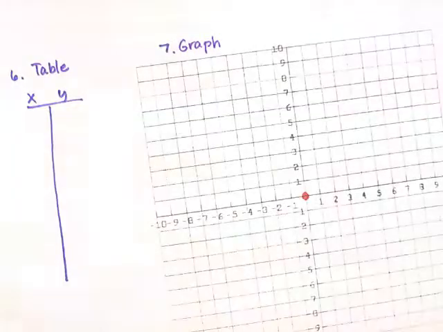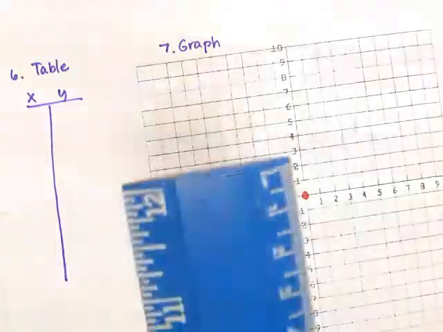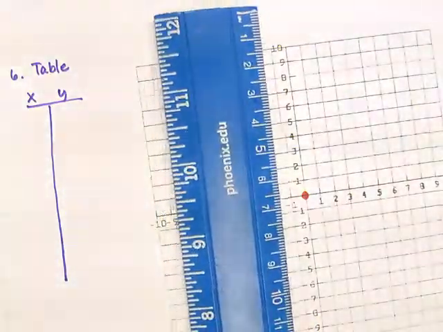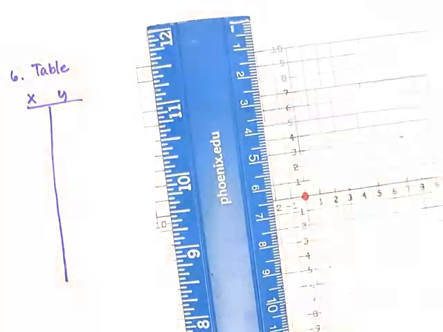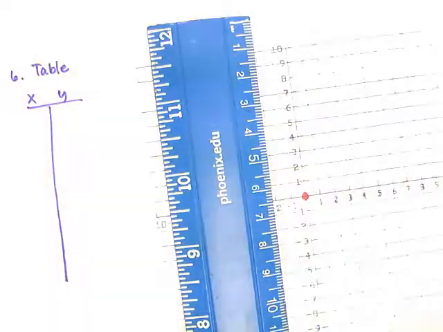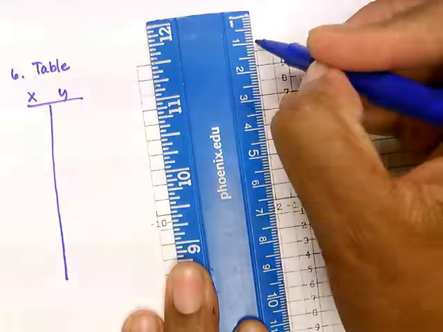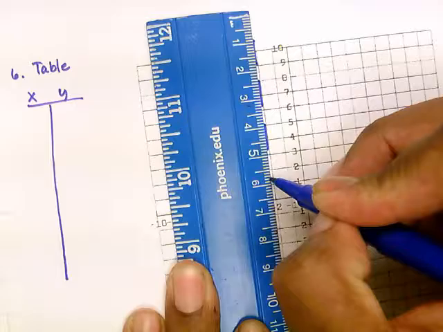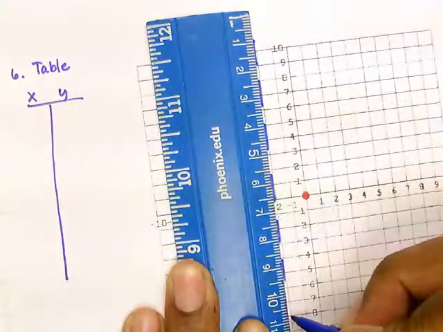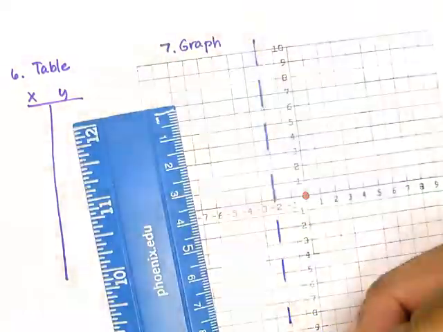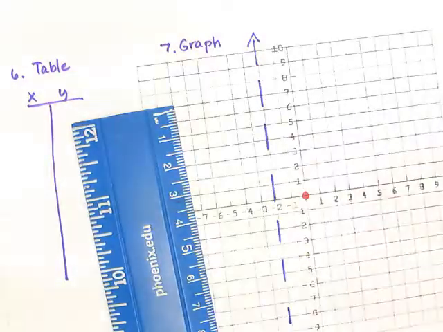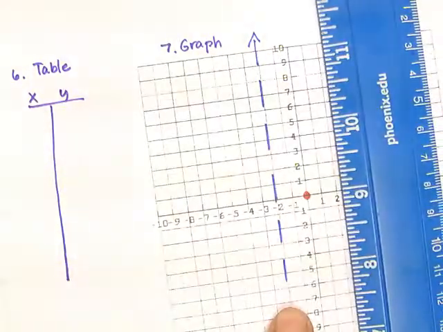Then I'm going to put in place the vertical and horizontal asymptotes. One of my vertical asymptotes is x is equal to -2. That's going to be this vertical dotted line going straight up and down like this. And the other one is at +2.